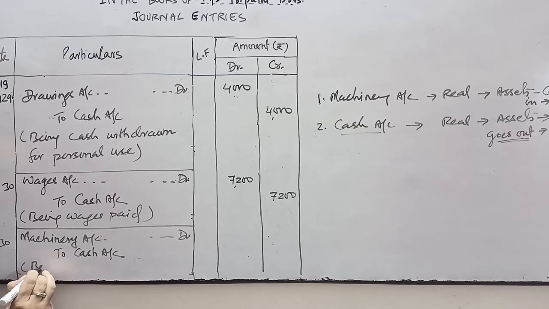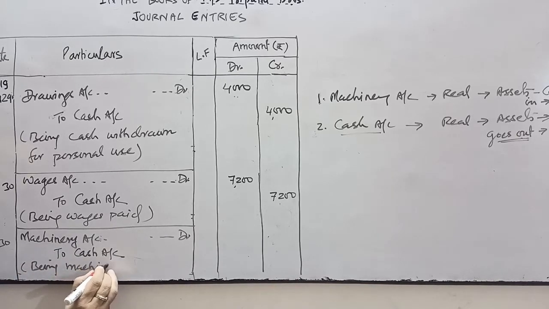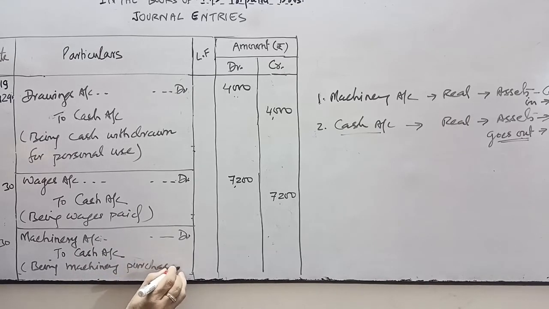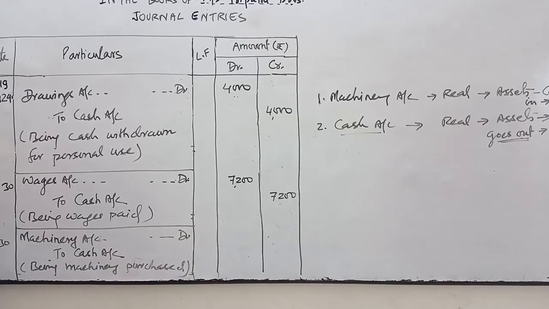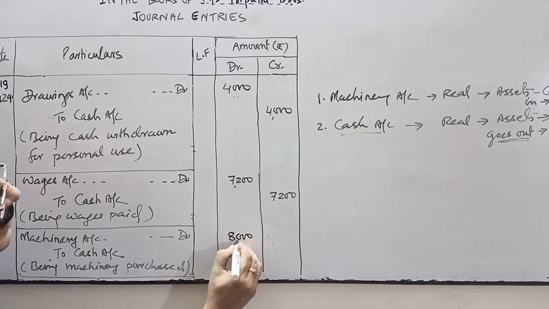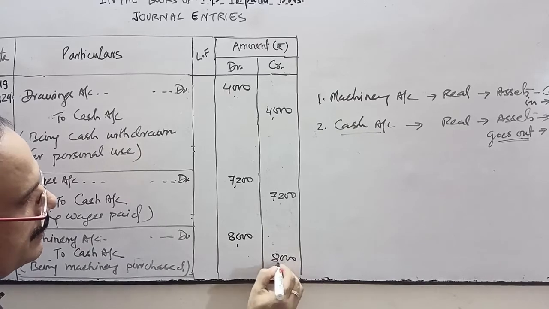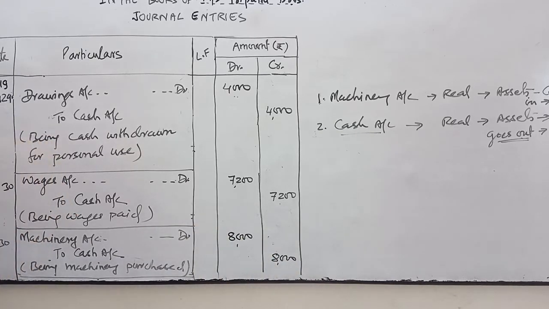Narration will be machinery purchased. No need to write for cash or on credit, because when we have written machinery purchased, it means it's a cash purchase. Otherwise we have to write machinery purchased on credit. So the amount is 8,000. So write the amount 8,000. So the transaction is recorded over here.